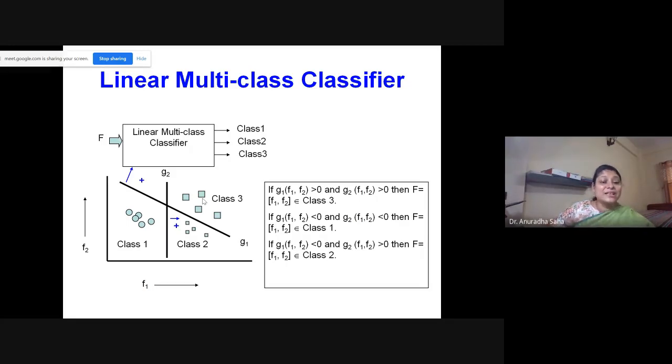So basically, if you design only one hyperplane, or one discriminating function, based on that one discriminating function or hyperplane, you can easily segregate or classify the data, placing some data on one side of the hyperplane and the remaining data on the other side.